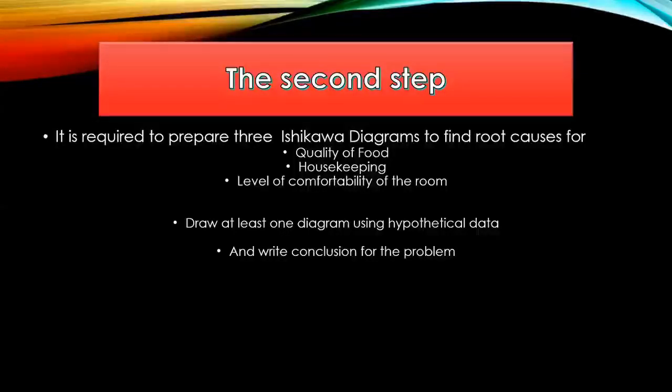Then you are required to conduct a brainstorming session with the people who are dealing with that problem, right? Sometimes you are required to conduct three meetings: for the people dealing with the foods, for people dealing with housekeeping, and for people working to maintain the comfortability of the room, right? Then it has to be done separately.